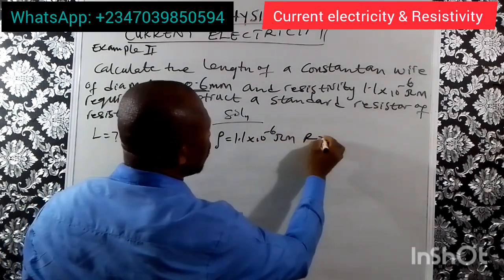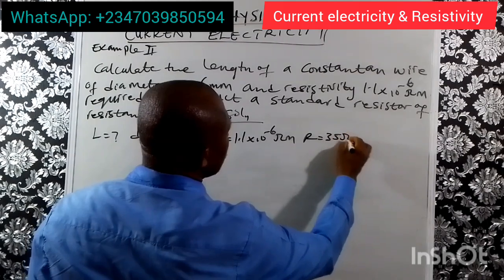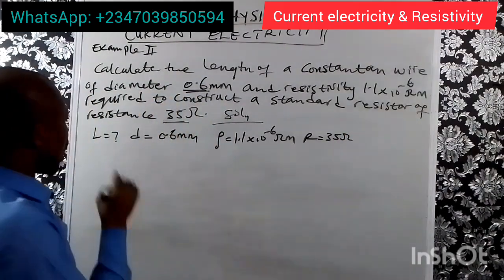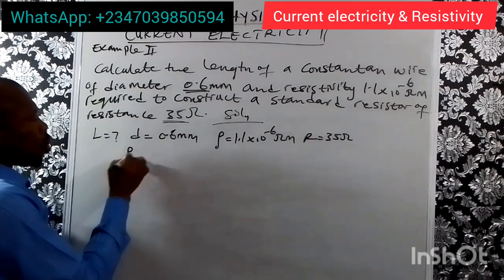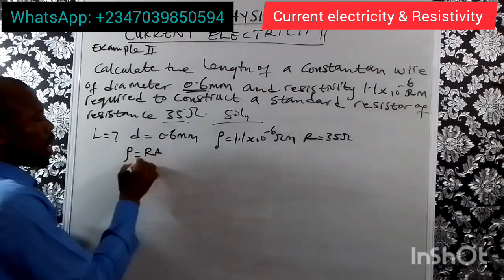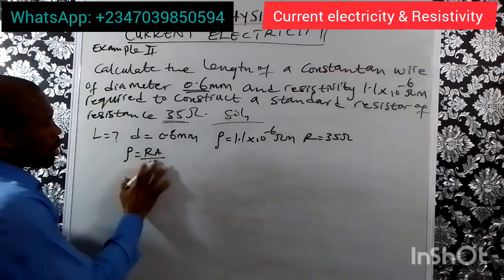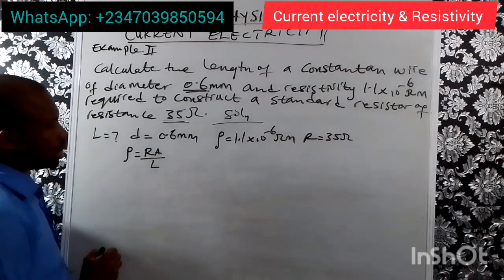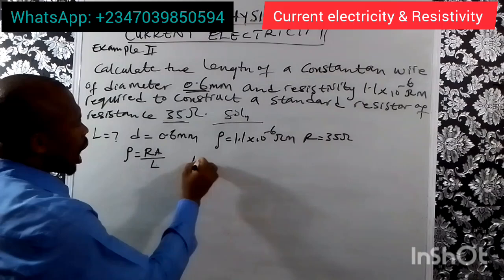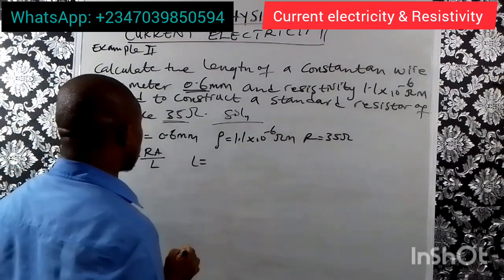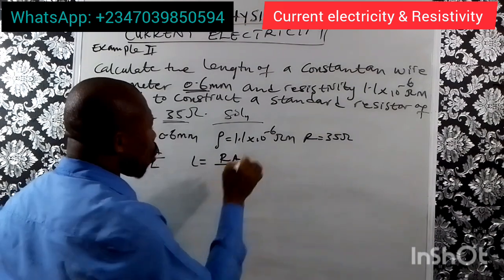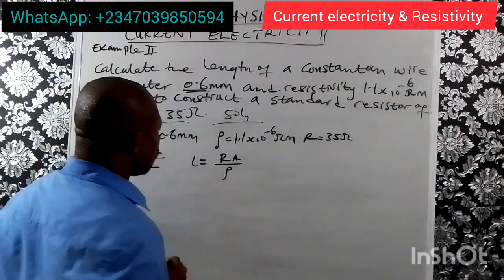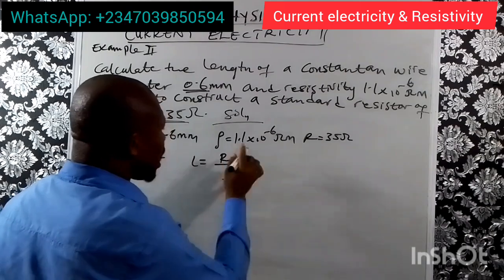Now R there is 35 ohms. Now we quote our formula as usual. The formula says rho is equal to RA all over L. In this case, we can make L the subject. If we make L the subject, L will give us RA all over rho. Now we have the first thing we're going to do.